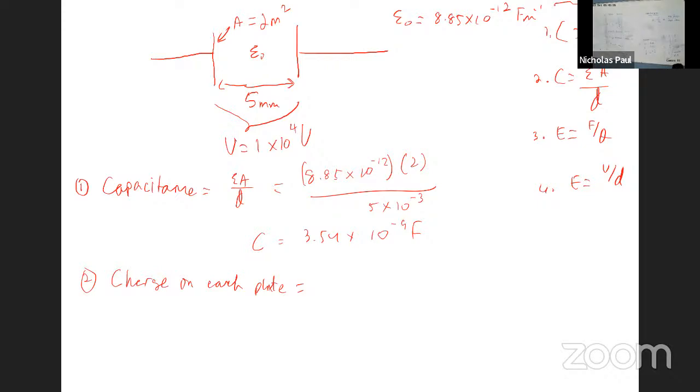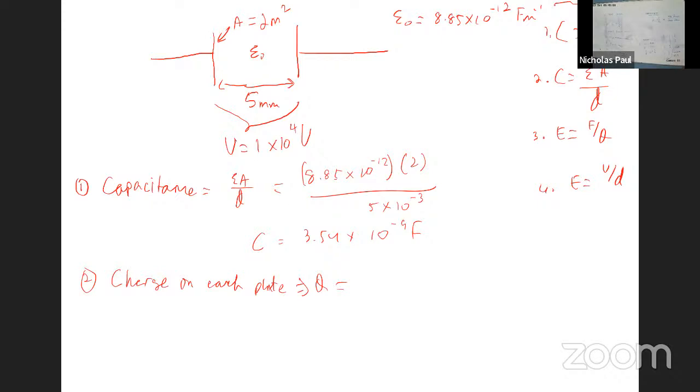Correct, Victoria. Fourth one to find charge? No, remember charge is Q. So which formula there has Q in it? Correct, the first one.